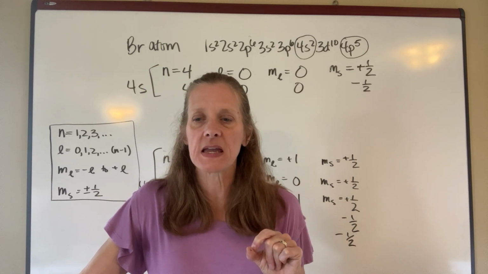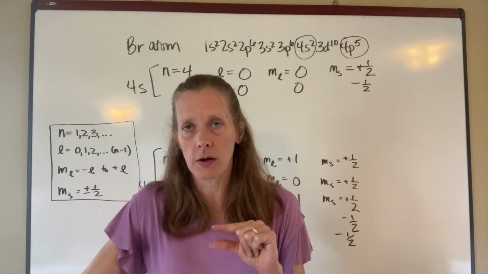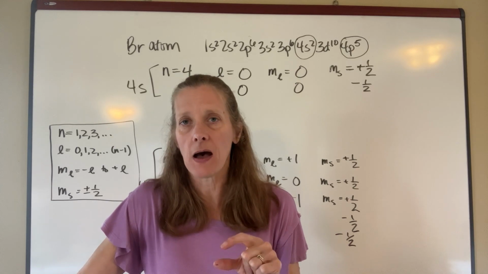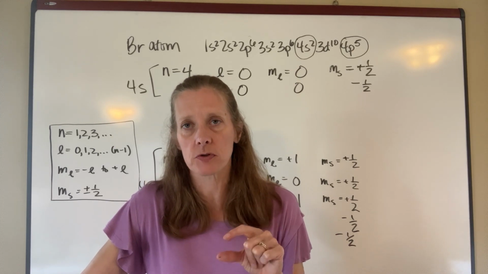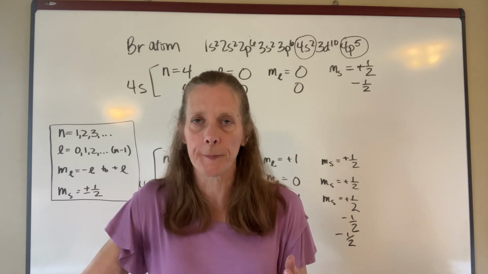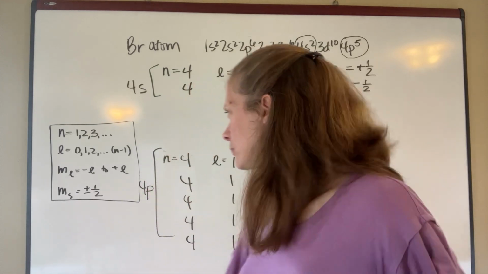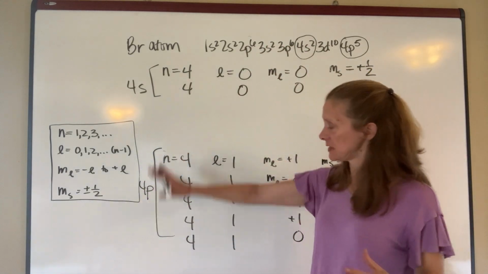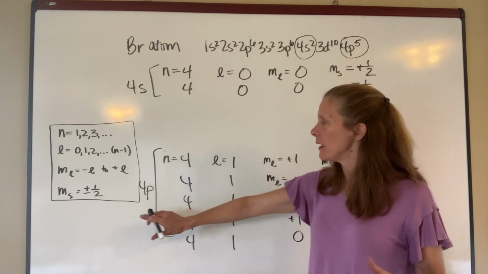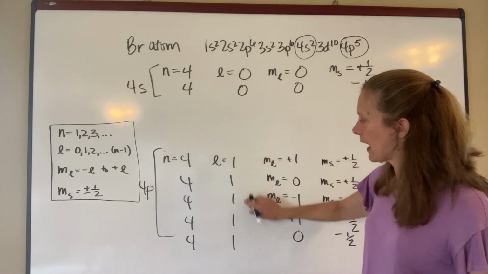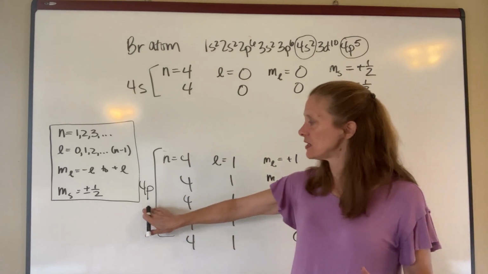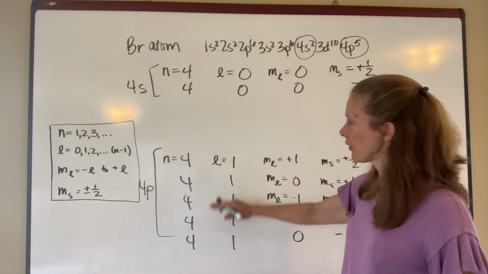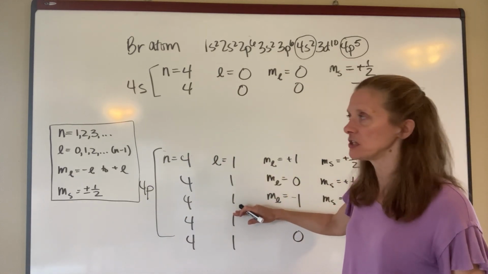And so because n and L affect the energy, the n and the L have to be the same if the orbitals are going to be degenerate. So for example, in what we talked about up here, the n and the L were all the same in these 4p orbitals. So all 3 of these p orbitals are degenerate.